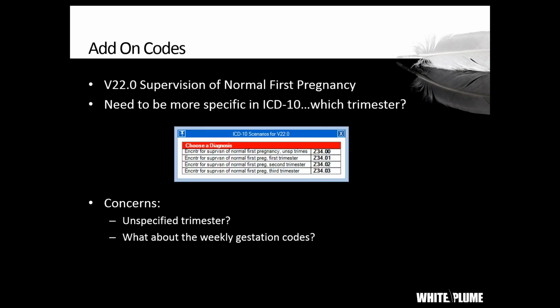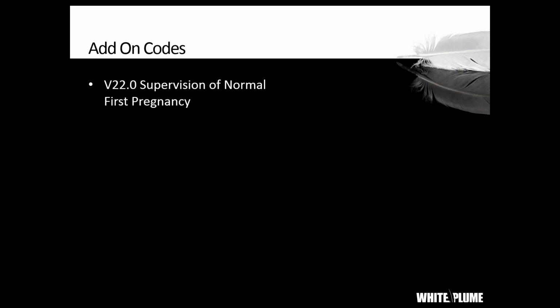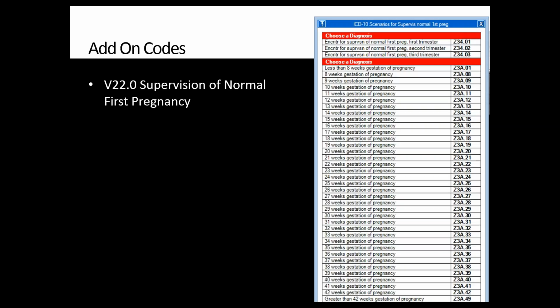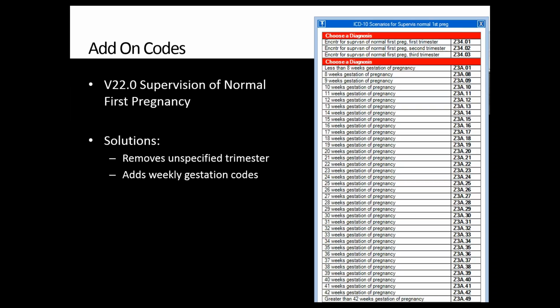So let me show you one way that we've seen clients try to address this. V22.0 supervision of normal first pregnancy, what they've done is created a custom scenario that looks like this. And the good news is, from a solution perspective, it removes the choice for unspecified trimester, but it also, down at the bottom, adds the weekly gestation codes.